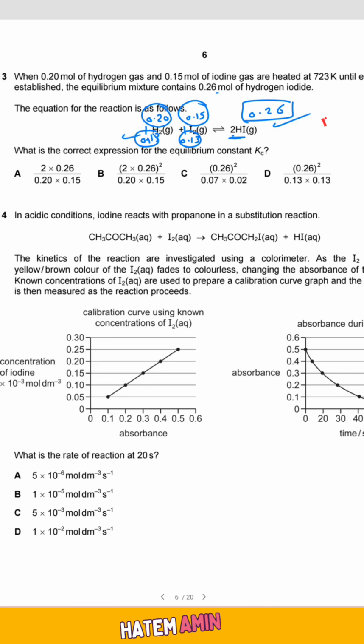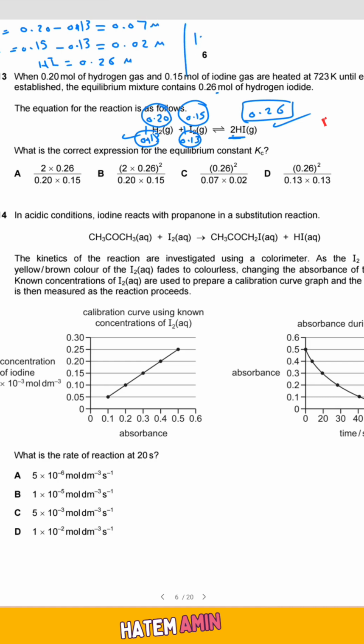In the case of hydrogen, H2 equals 0.20 minus 0.13, which equals 0.07. In the case of iodine, it's 0.15 minus 0.13, which equals 0.02. And also, the concentration of hydrogen iodide at equilibrium is given: HI equals 0.26. The units are moles.